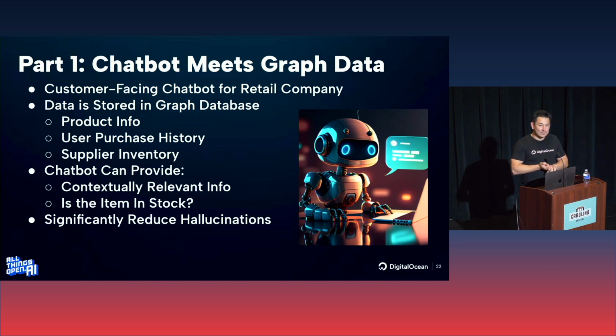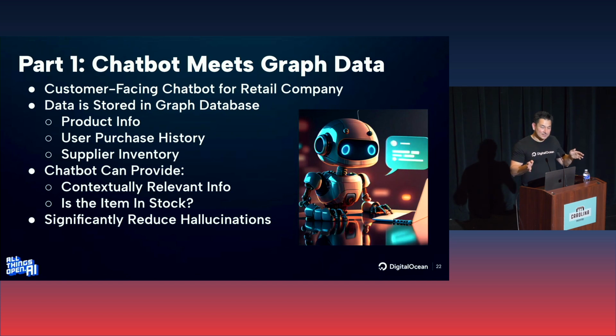And what's really interesting is that when your user chats with the chatbot and says, hey, I'm interested in buying this particular widget. Is this item in stock? Depending on the structure, I would structure product as one category, with an association to its inventory.